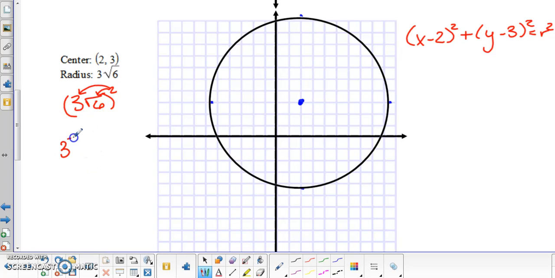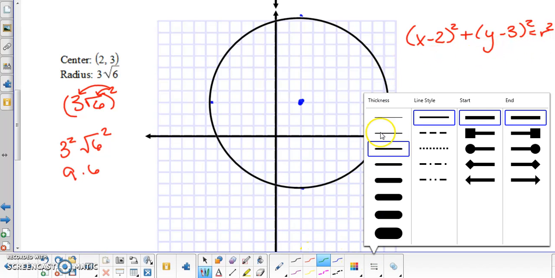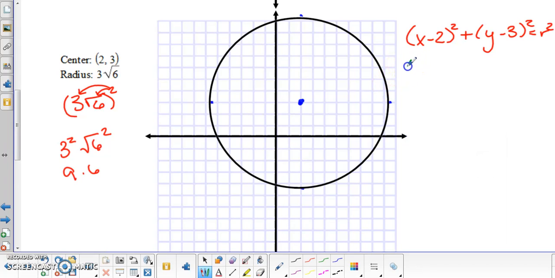So that's going to be 3 squared and then square root 6 squared. So that's 9 times 6, which gets us 54. So really what I have here for my standard form equation is x minus 2 squared plus y minus 3 squared equals 54. That's it.